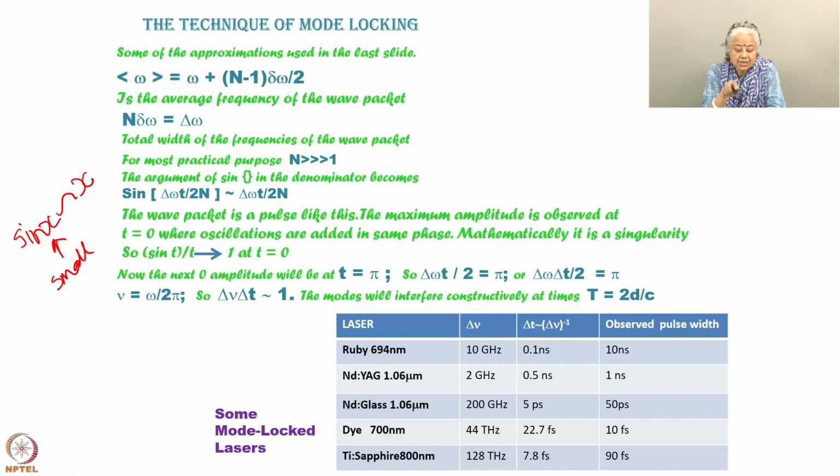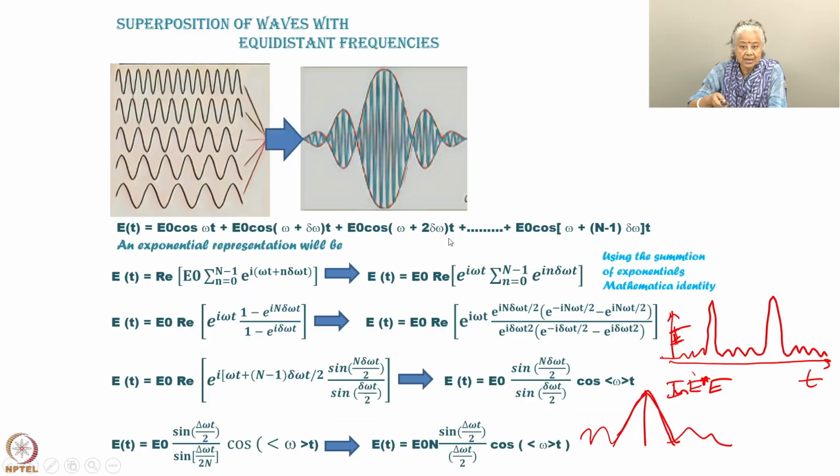This page is actually what I could not write in the other slide. See, the wave packet is a pulse like this. The maximum amplitude is observed at t equal to 0, where the oscillations are added in same phase. So, I will toggle back.